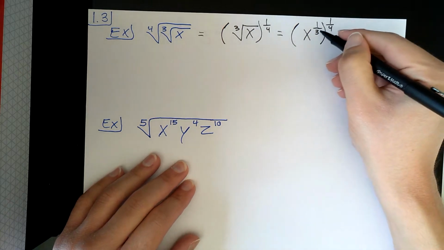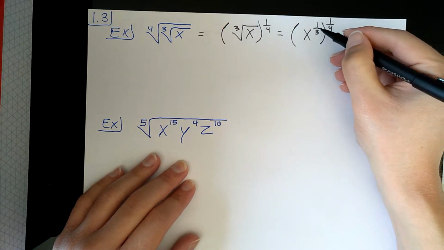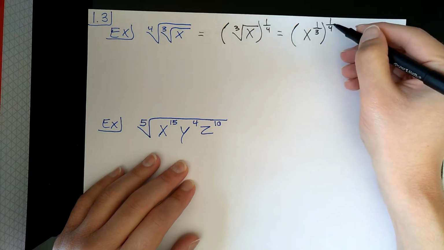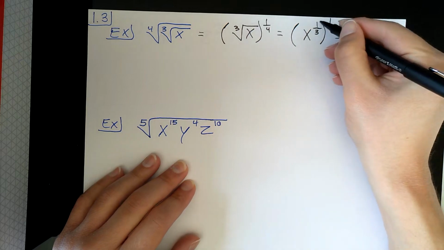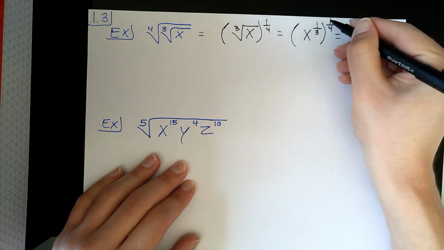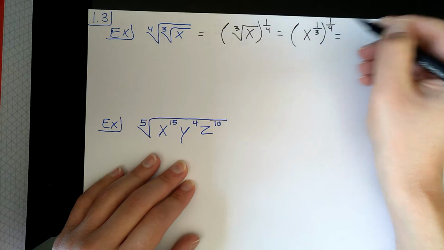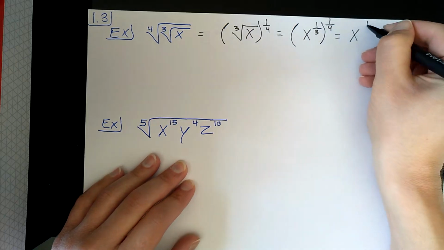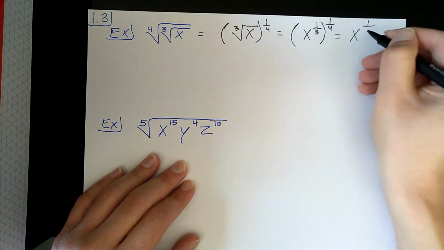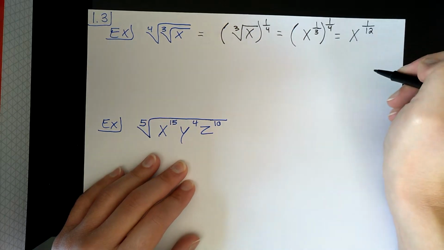And now remember our rules for exponents. When you raise an exponent to another exponent, you multiply the exponents together. So when you multiply two fractions, you multiply straight across, multiply the tops and the bottoms, which gives us x to the 1 times 1 is 1, over 3 times 4 is 12.